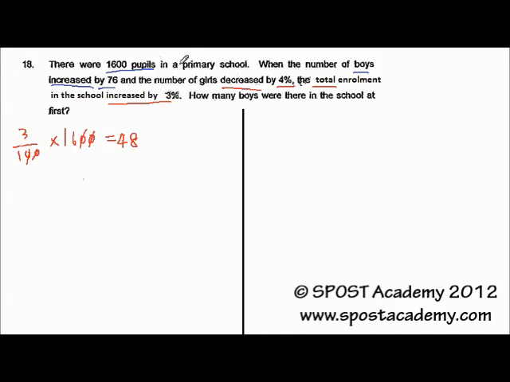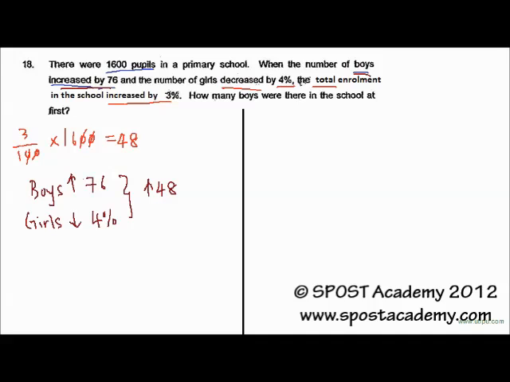Now, if we take a look at the number of boys, it increased by 76. But the number of girls decreased by 4%. So boys went up by 76, but girls went down by 4%. And as a result, this caused a final increment of 48.